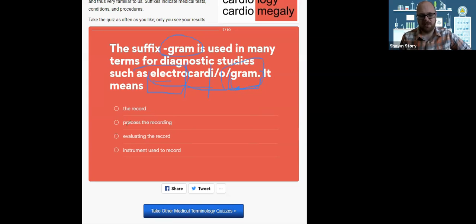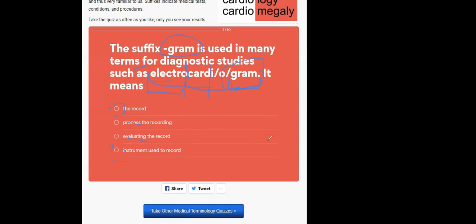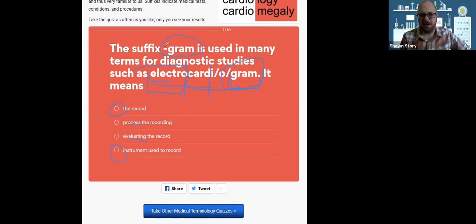It wouldn't be evaluating and it wouldn't be processing. An instrument used to record. Yeah, I would say either this one or this one. What are your thoughts? Record. It just means that, because that's what they're asking. So what does gram mean itself?